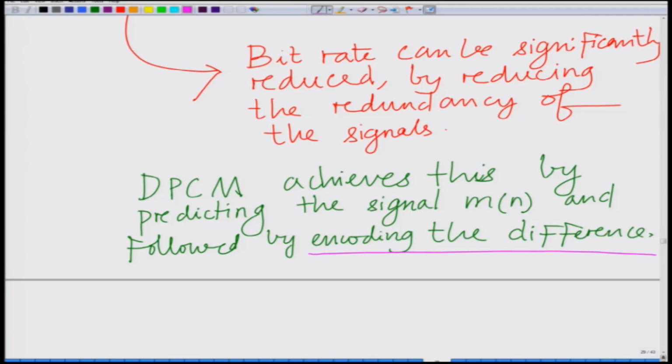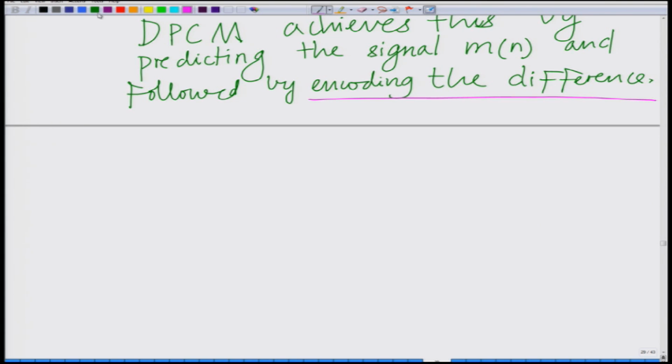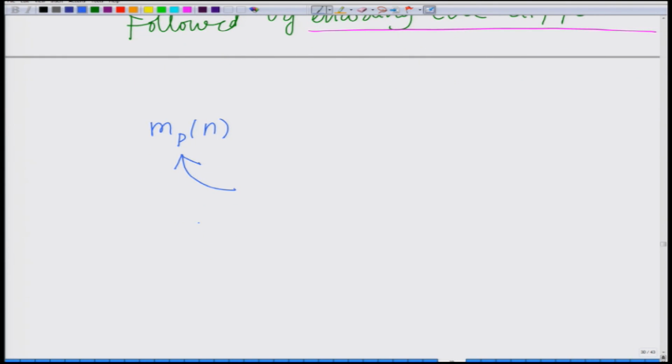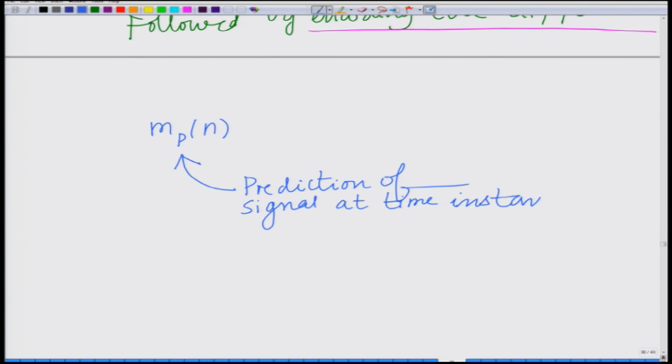So, what we are doing is basically deriving a prediction of the signal. MP n is a predicted sample of the signal at time instant n.